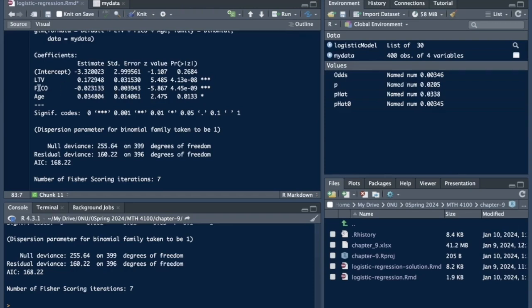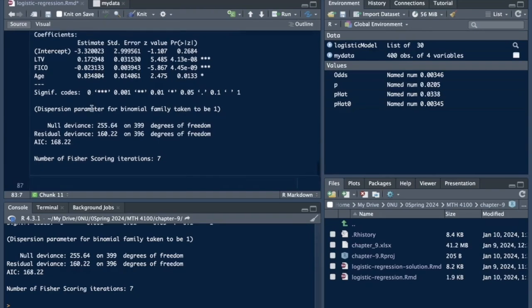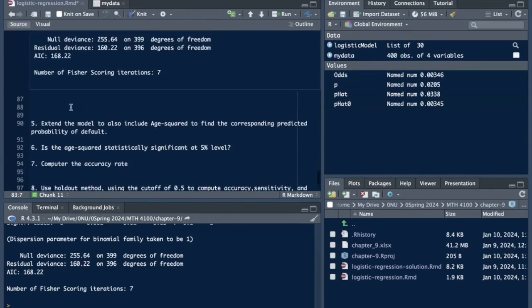For a 1 unit increase in the credit score, the default odds are likely to decrease by 2.3%. And for a 1 unit increase in age, 1 year in our case, the default odds tend to increase by 3.48%.